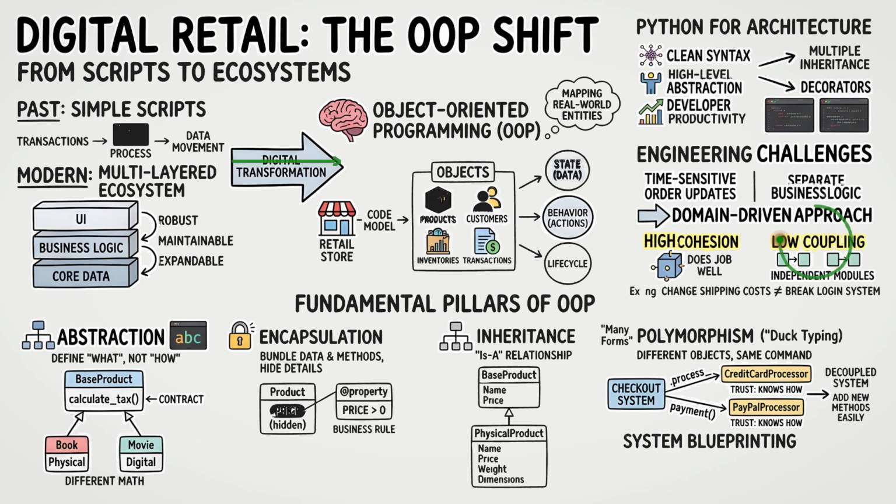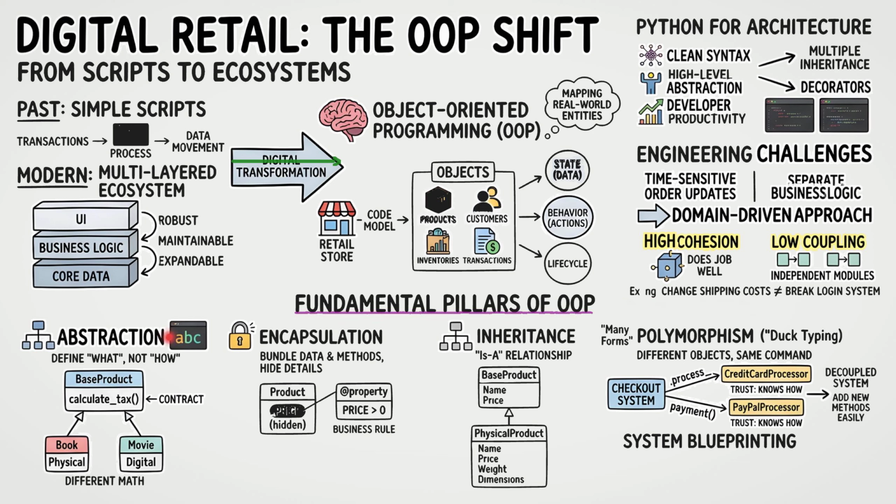Second, we want low coupling, ensuring that different parts of our system remain independent. The golden rule to remember here is, if you change your shipping cost logic, it absolutely should not break your user login system. To achieve all of this, we build upon the four fundamental pillars of OOP.